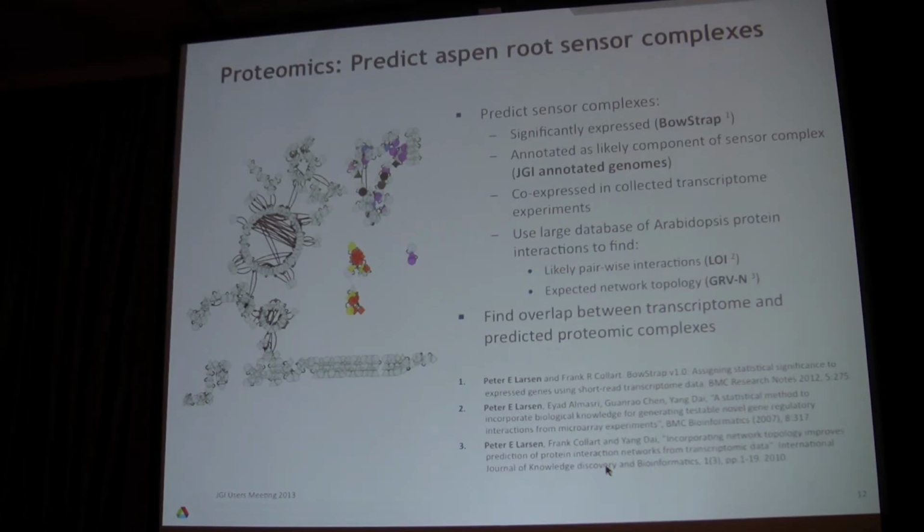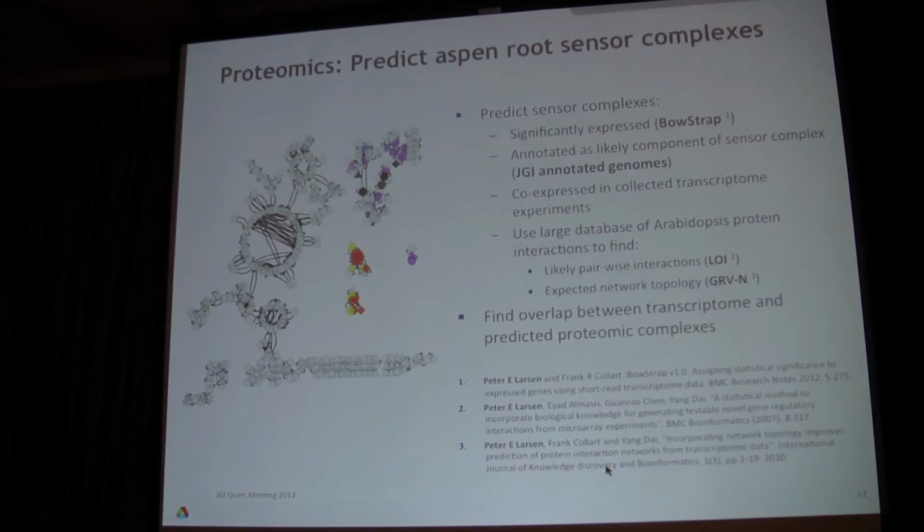We take a subset of those that are annotated by JGI as likely components of a sensor complex. We pull out from all available Aspen root data, all of the available transcriptomics data, and we find which of those expressed genes are always co-expressed when we see them in roots.